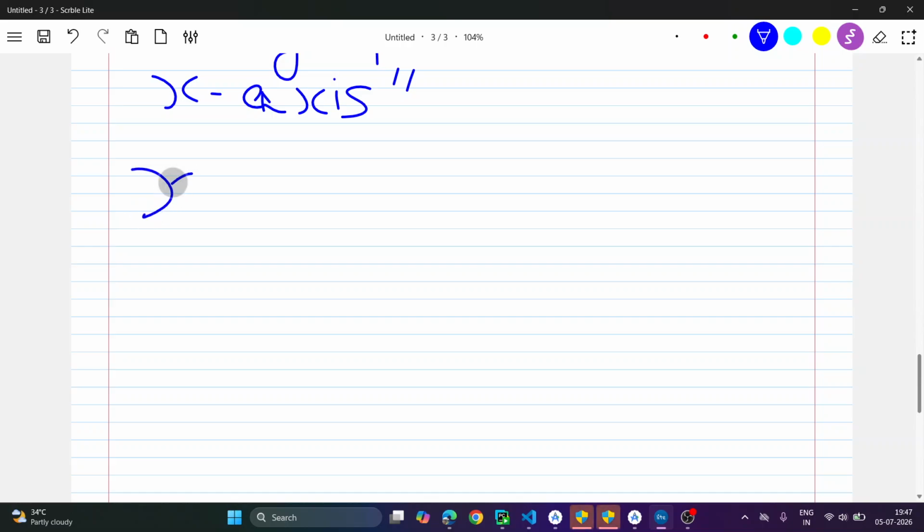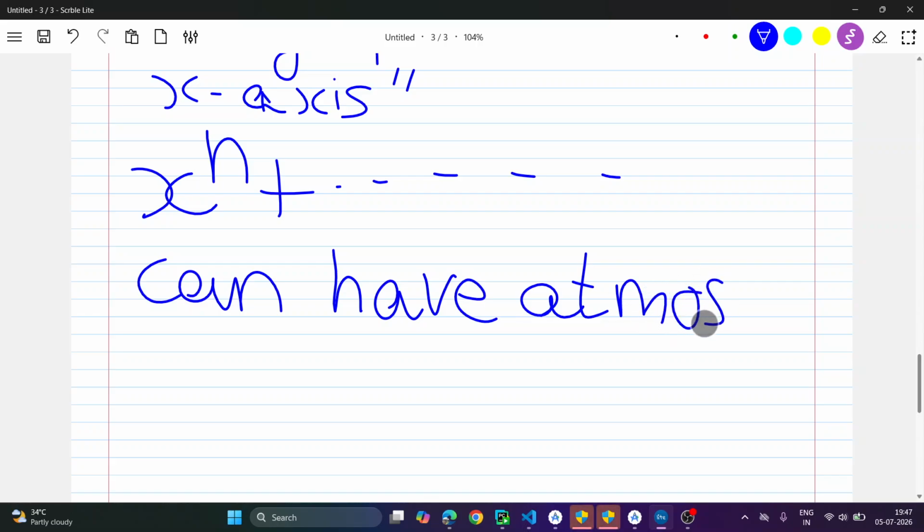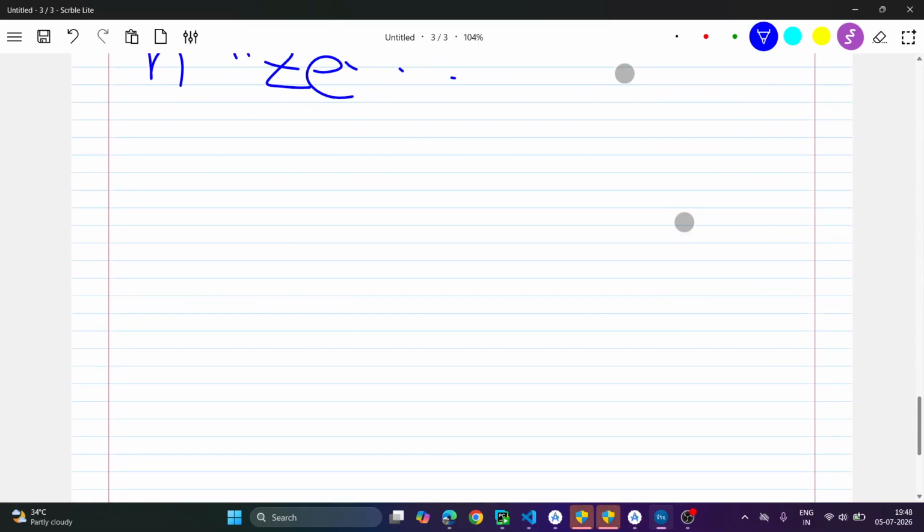A polynomial x power n plus and so on can have at most n zeros.